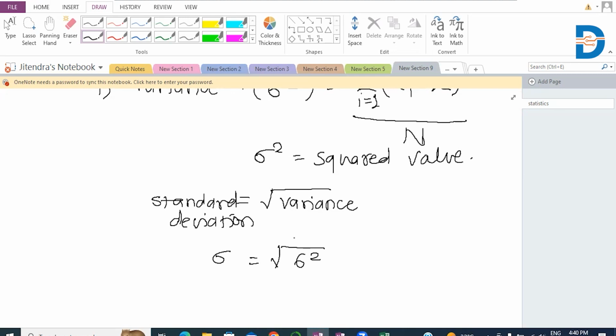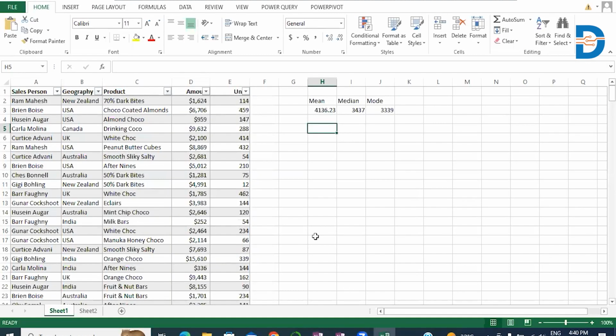Now we check salesperson records and calculate the range, interquartile range, variance, and standard deviation.